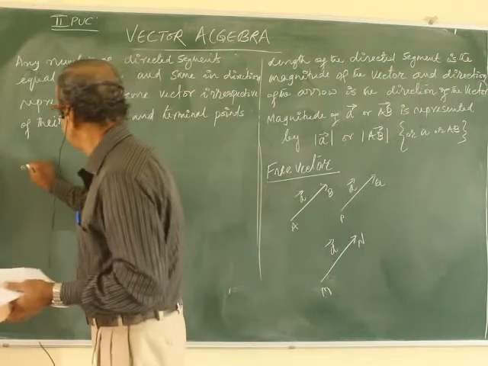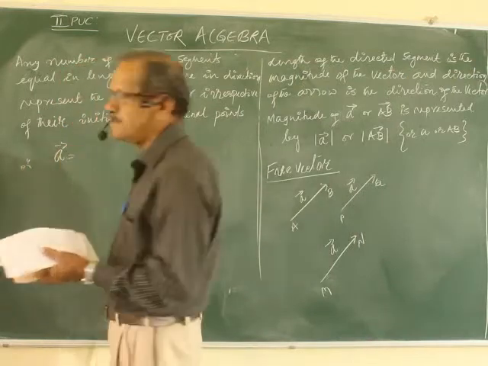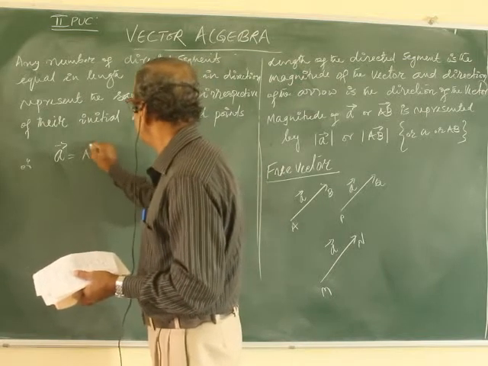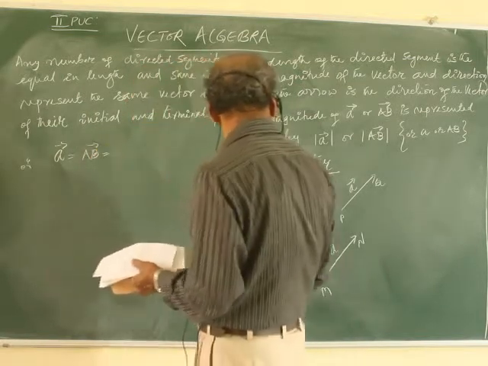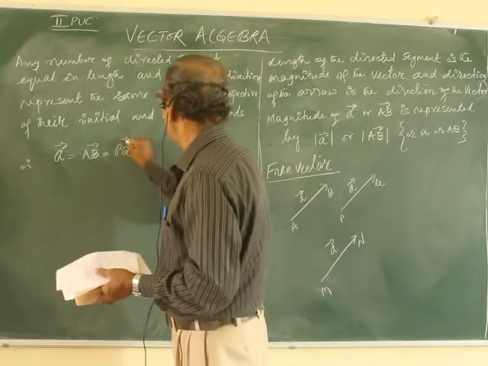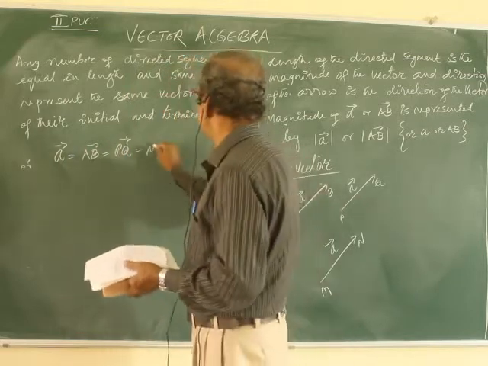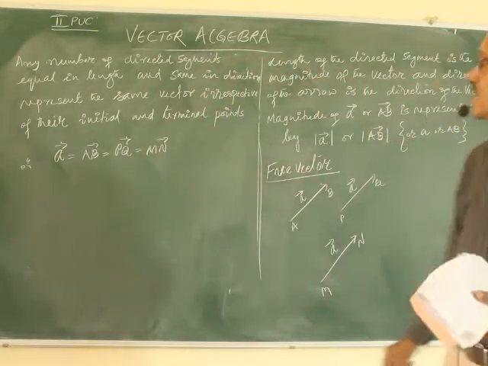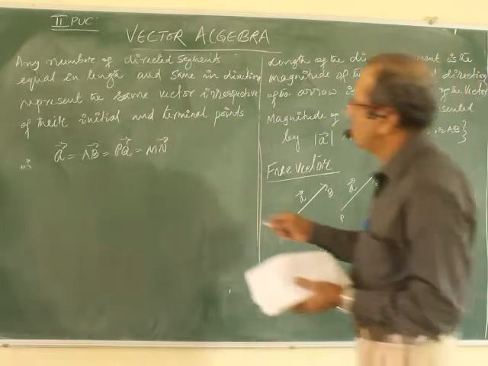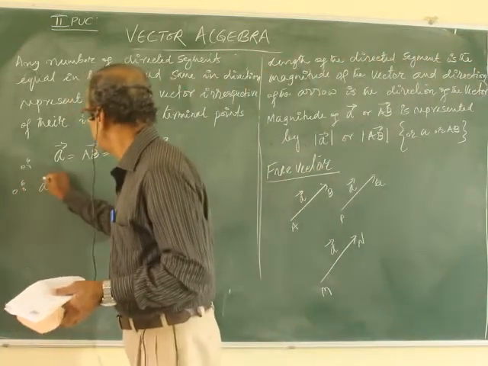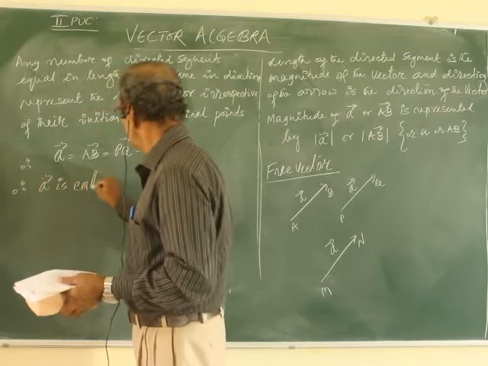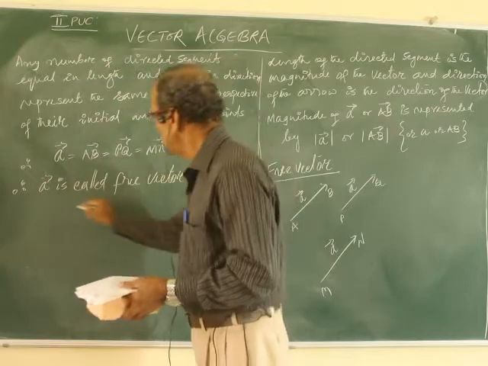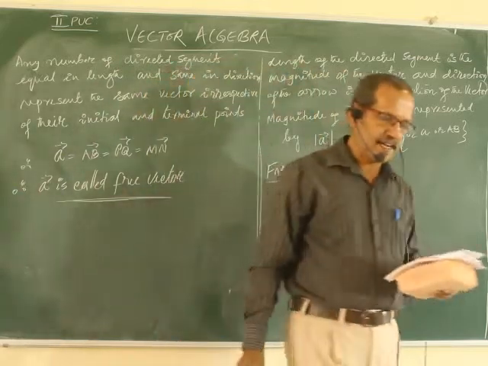Therefore, vector A equal to AB or PQ or MN. All the directed segments represent the same vector, so it is called a free vector. Therefore, A is called a free vector.